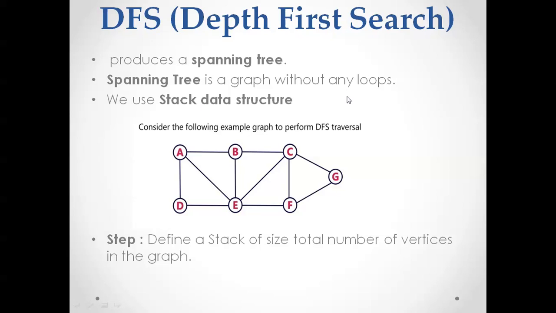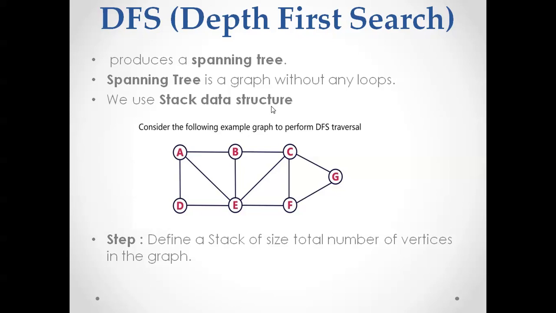For that, we are going to use the stack data structure. What is a stack? A stack follows the LIFO rule, nothing but last in first out. Before starting this process, we need to know how many vertices we have in the graph.